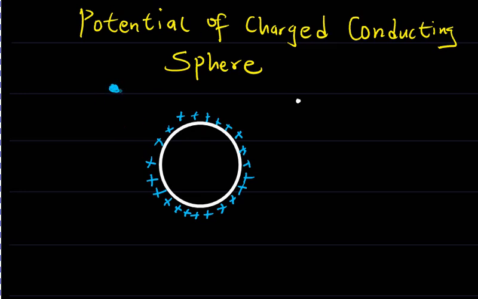If you want to represent a point charge in an electric field, you can just use a dot. That simply is a single charge, positive or negative. But now we are looking at a sphere. So how do we describe the charge of a sphere, and of course, how do we describe the electric potential of this sphere?